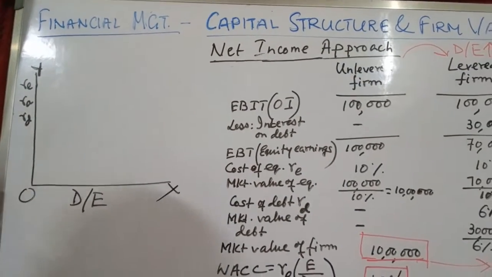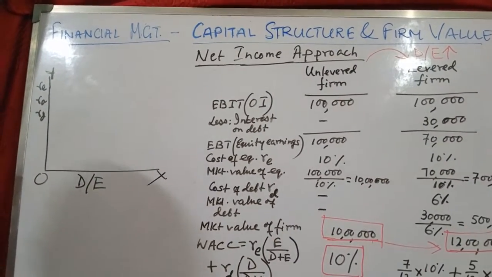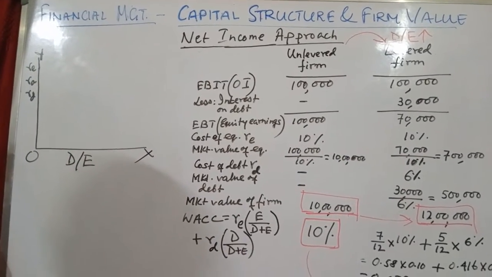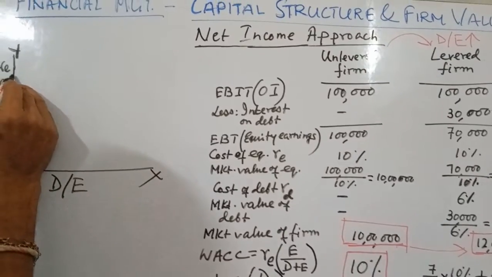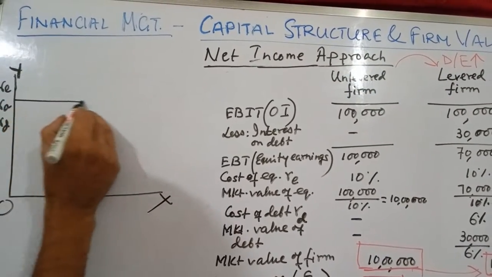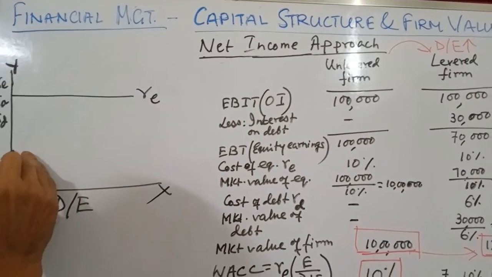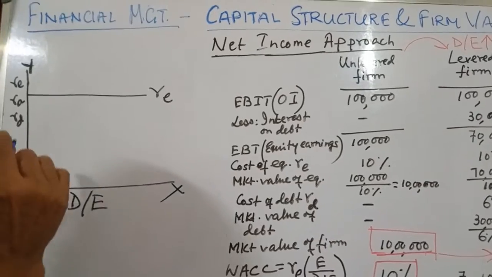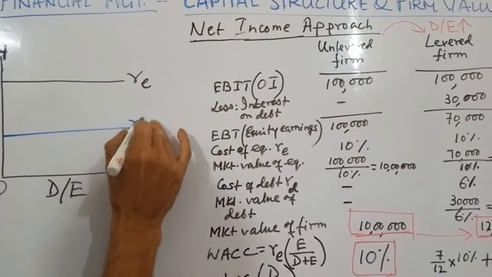Now since we have considered cost of equity and cost of debt to remain constant, we are taking this as RE, this as RD.